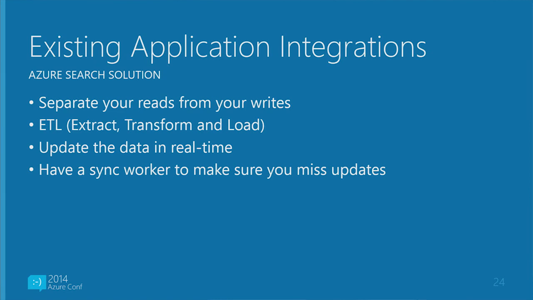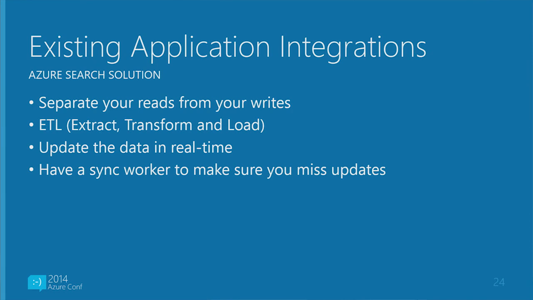Then what you can do is update them as you receive the updates. You can update them inside Azure Search as well. And then you can have a worker process which can run daily or even weekly, depending on your eventual consistency level, to tidy things up.